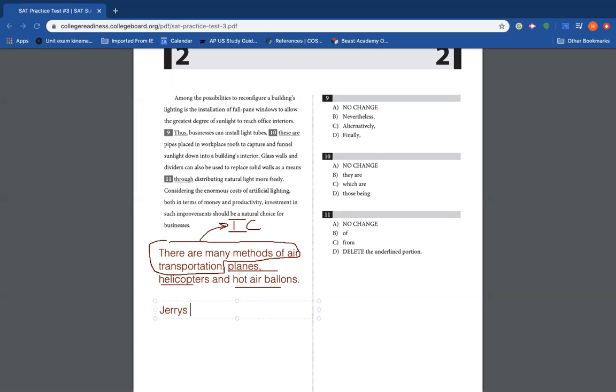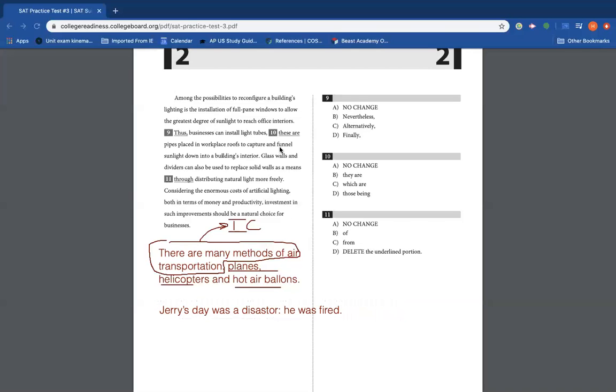Jerry's day was a disaster in his company: he was fired.